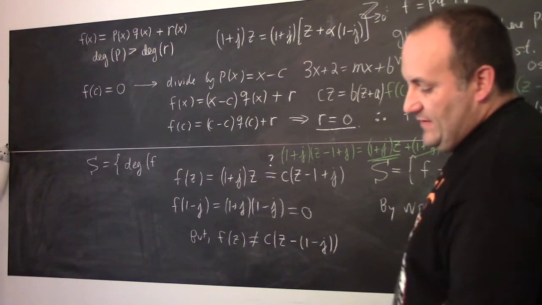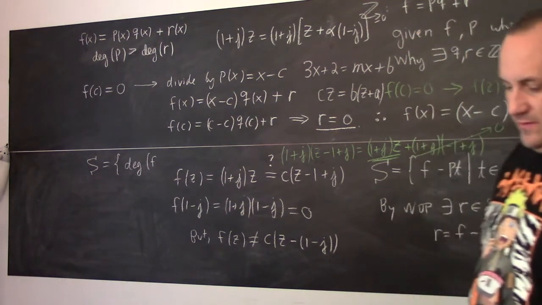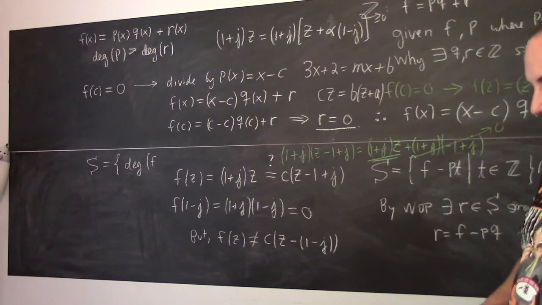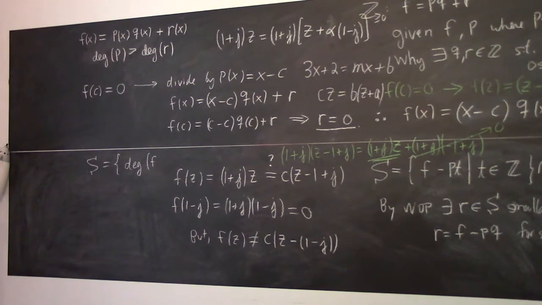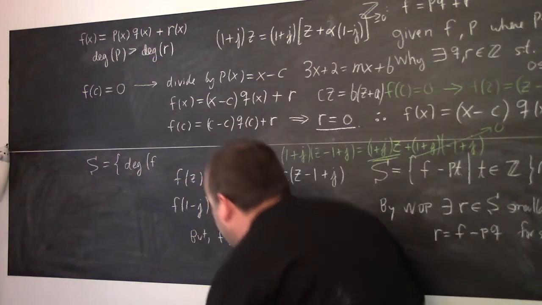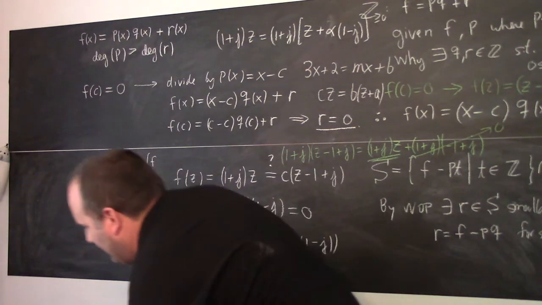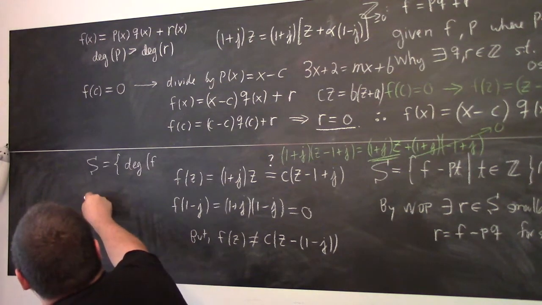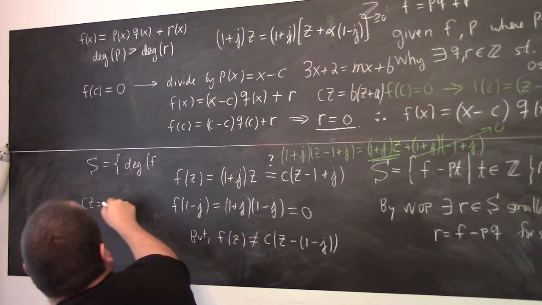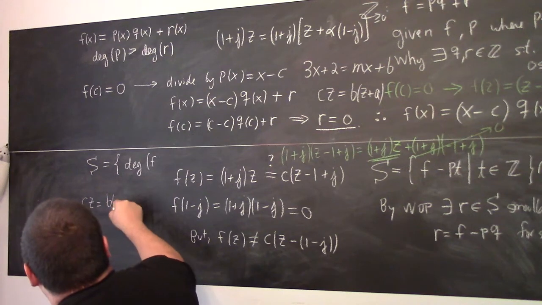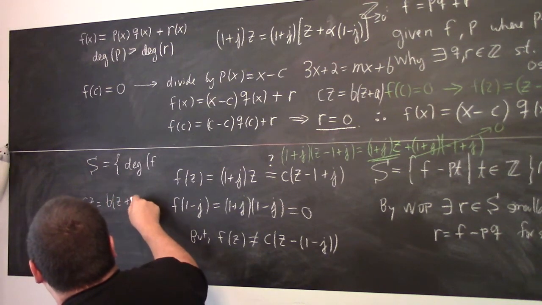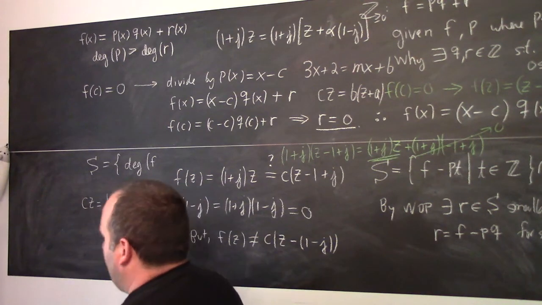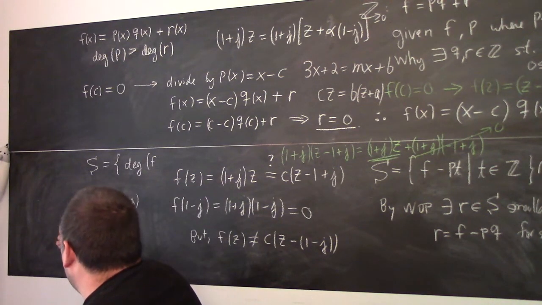Actually, this is a good example of where calculus helps. If you have cz equal to b times z plus a, and suppose, again, a, b, and c are all hyperbolic numbers, if I evaluate at z equals 0, what does it tell me?